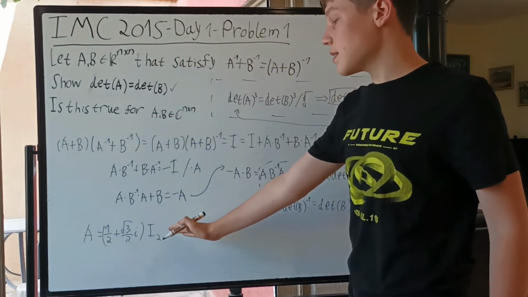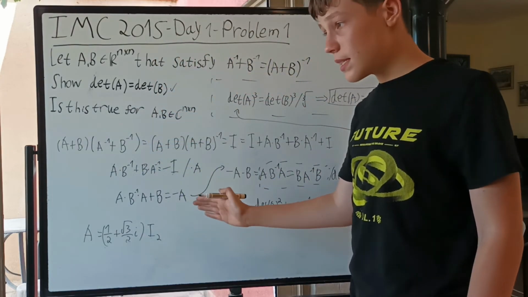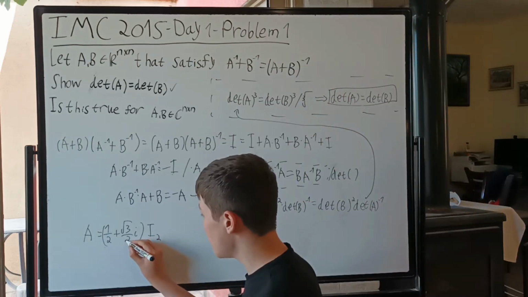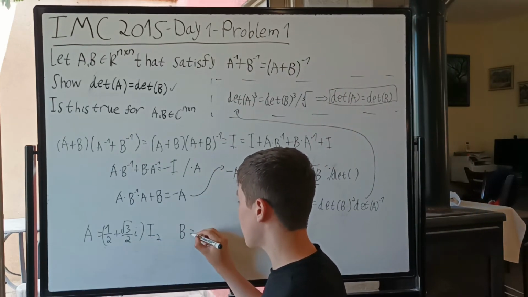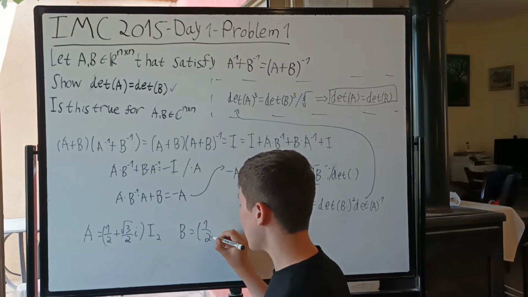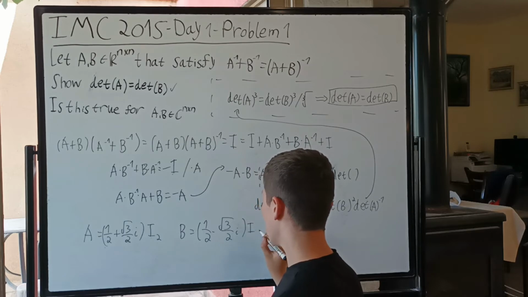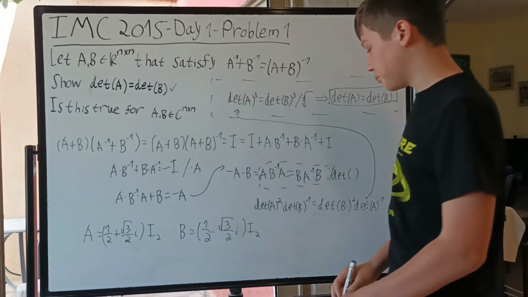I2 basically indicates this is the identity matrix of size 2 by 2. So this is what I'm going to pick A to be, and B I'm going to pick to be 1/2 minus root 3 over 2 i times I2.